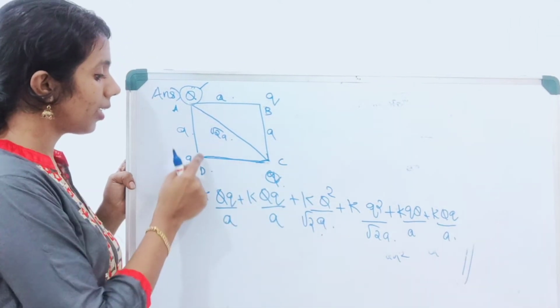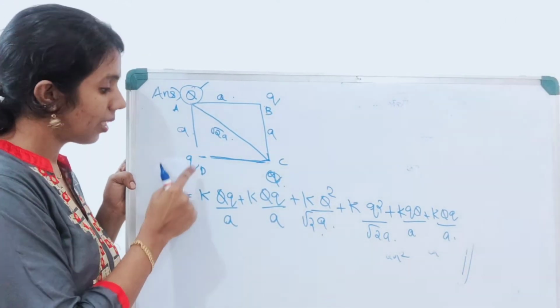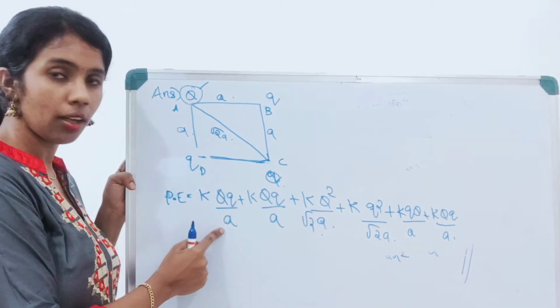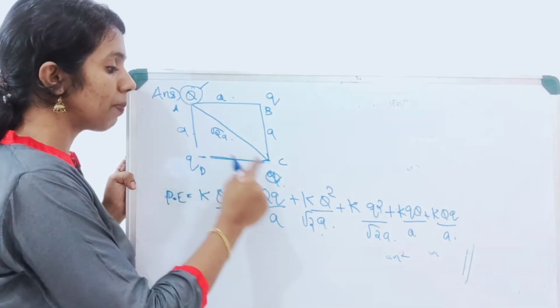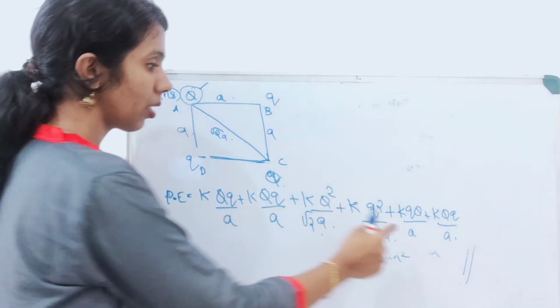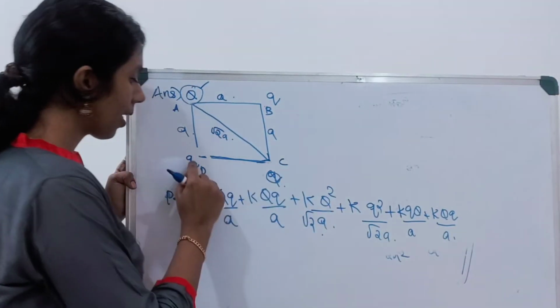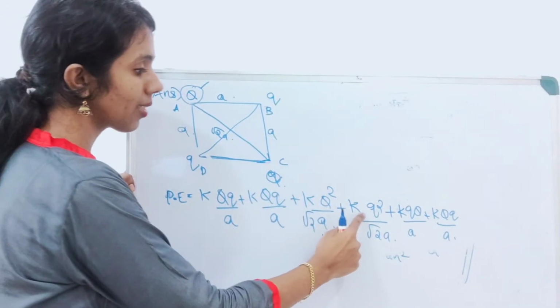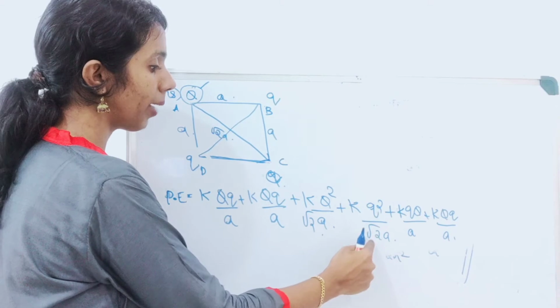Plus here I am considering the charge at D. This charge may experience a potential due to capital Q, which we already wrote, and due to small q. That is KQq divided by root 2A.